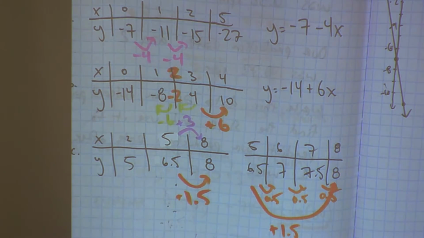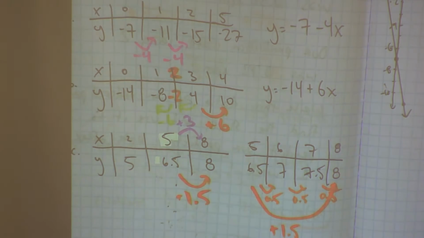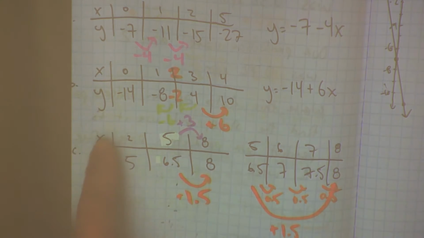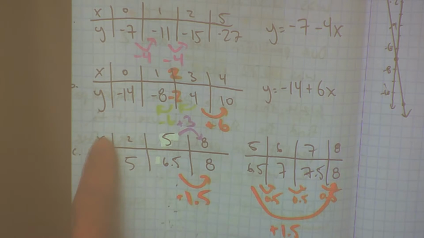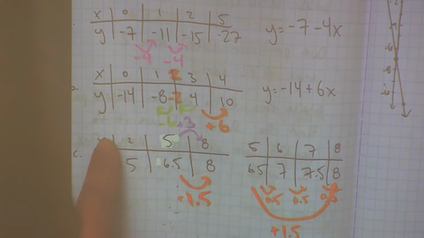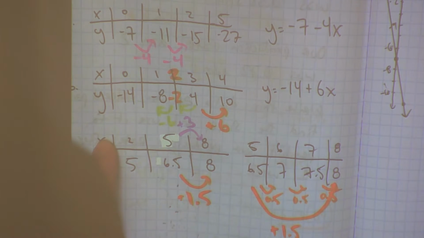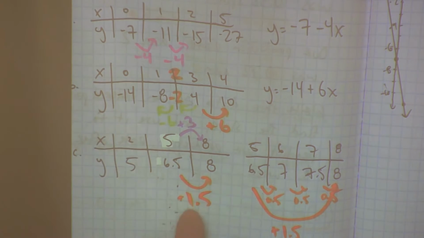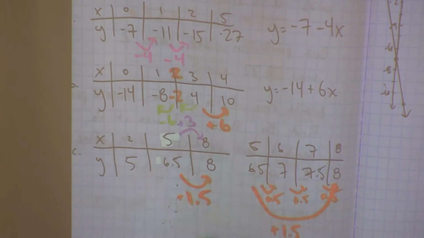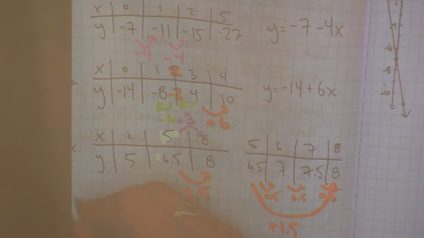And if that's the case, I can also use that. If I know my change each time, I know my slope for every 1 x, I can use that to work backwards, of course, to expand my table backwards to find that initial value.